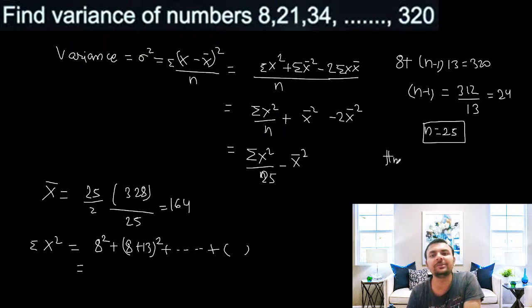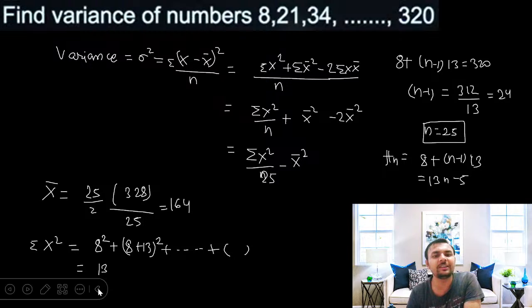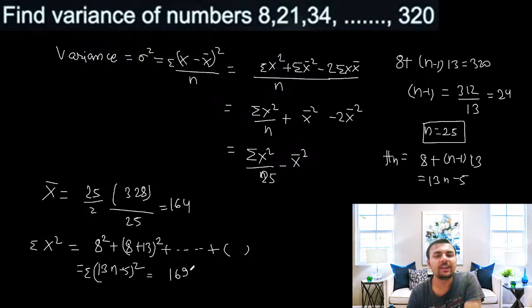So Tn term is what? 8 plus n minus 1 into d. D is 13. So it is 13n minus 5. So we have 13n minus 5 whole square summation, which is 169 n square plus 25 minus 130n.